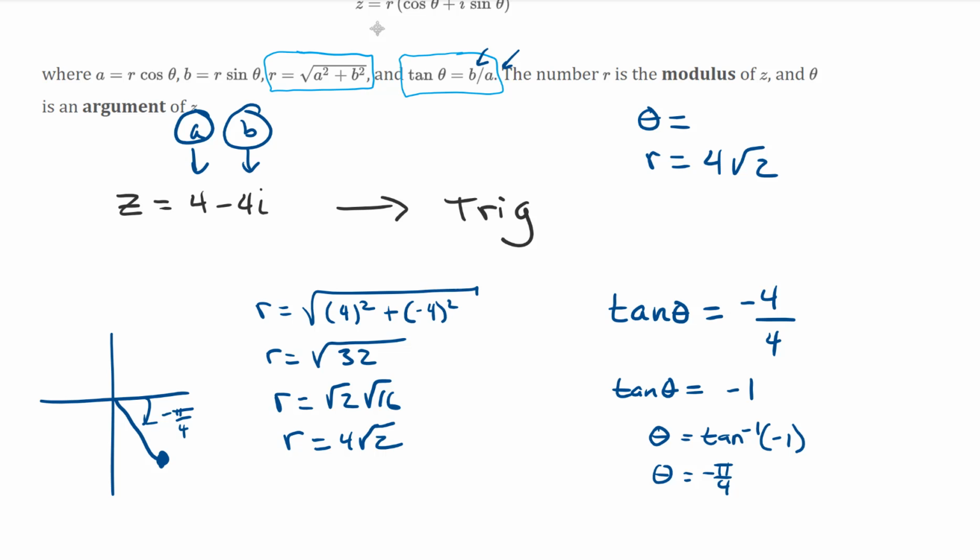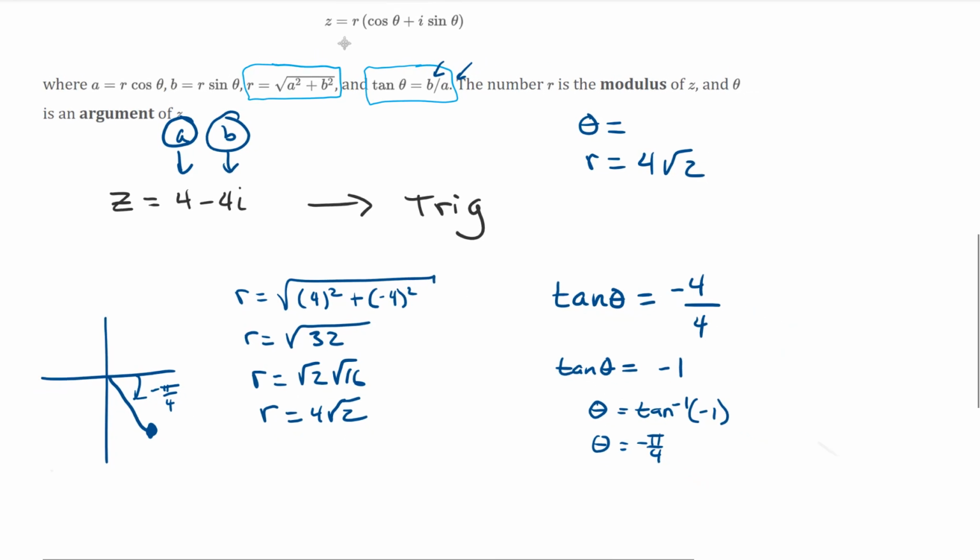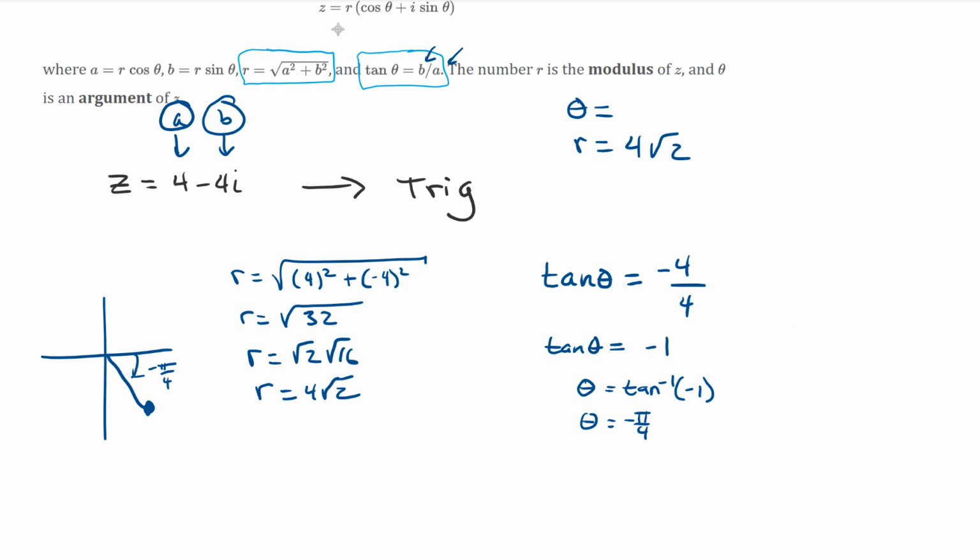So we want to make sure to at least give yourself a little sketch so you don't do something silly and make a mistake, because as a jerk teacher, I'm always trying to set you up. Now, a lot of the times, we don't want to have a negative in our answer. Now, I'm just going to write it out, which I would be fine with on an exam. You could say that z is equal to, and we're going to follow this form, just following that form that's right up there.